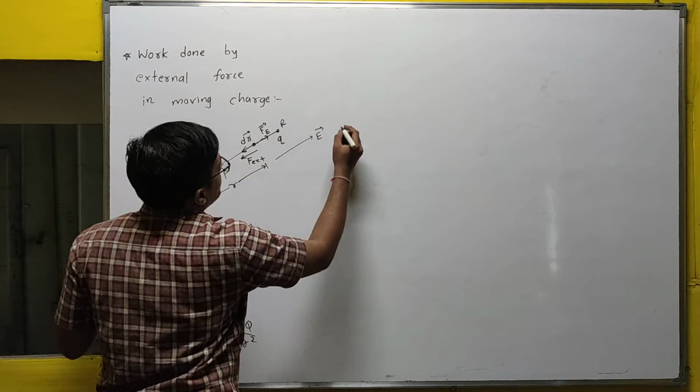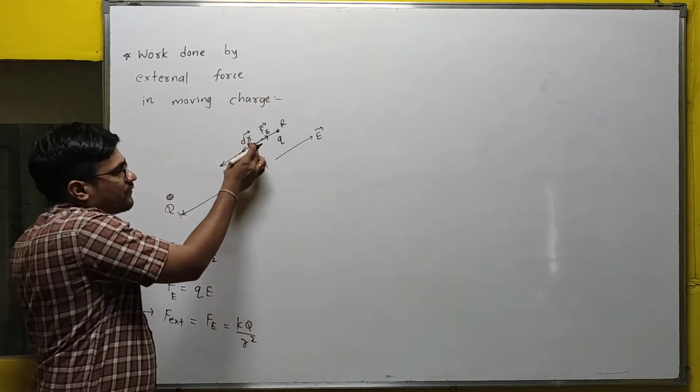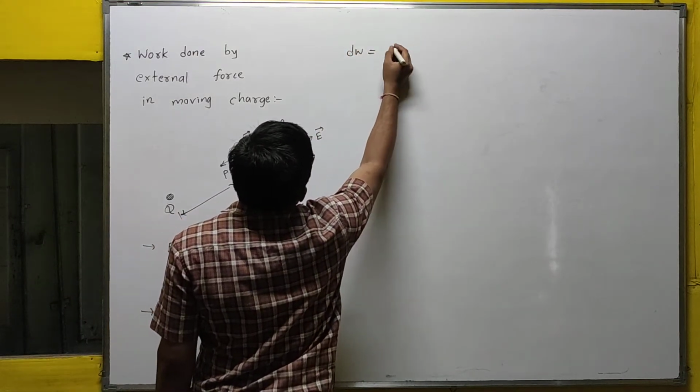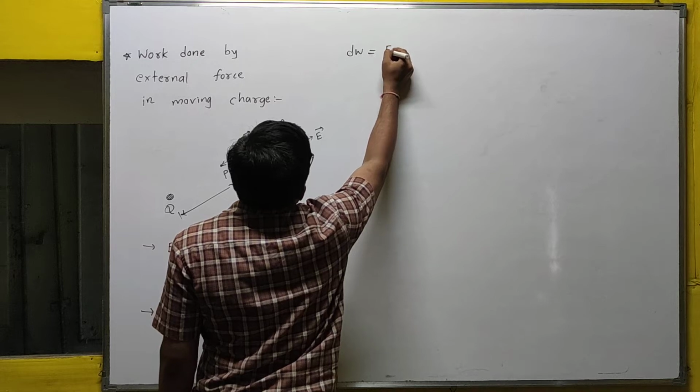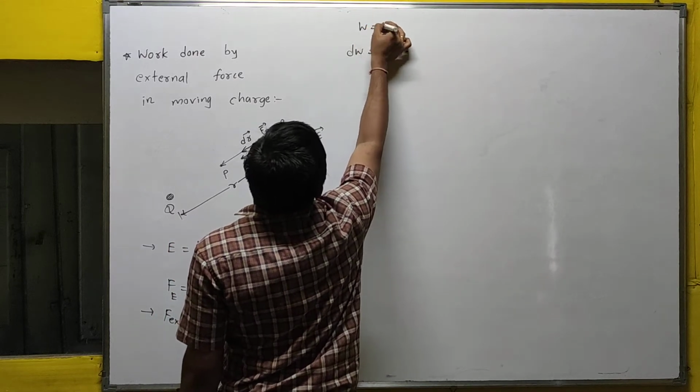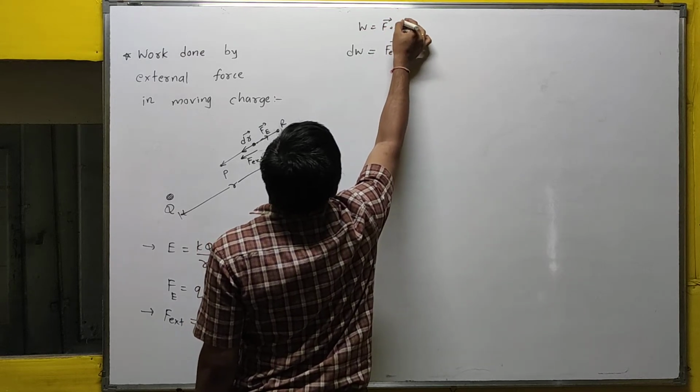So the work done for this small displacement dr, you can write dW is equal to external force F dot dr. That is the formula for work done, force dot displacement.